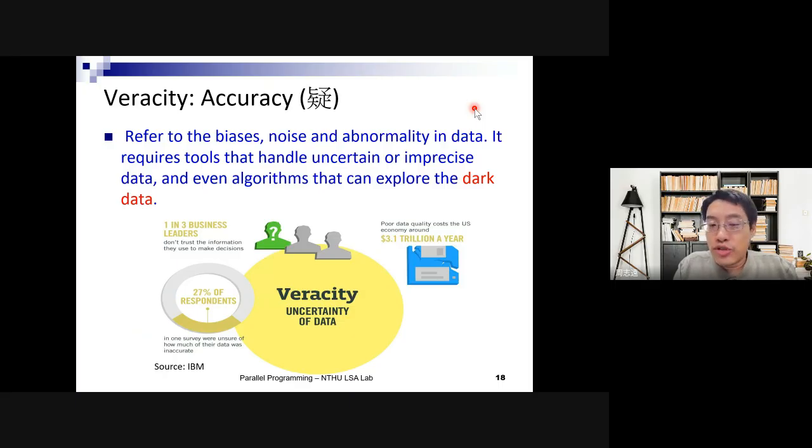And for some solutions like AI, or I should say neural networks, sometimes they actually require some noise in order to get a good result. So the method also fits pretty well for big data, because sometimes we need noise to jump out of a local optimum. So for neural networks, the veracity problem becomes an advantage and helps us. Sometimes we need this in order to get better results.